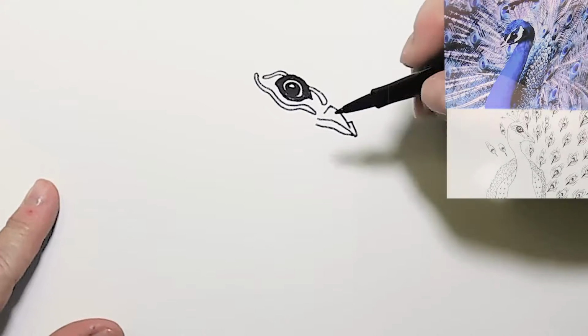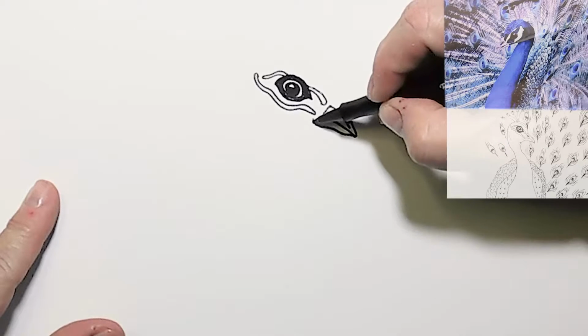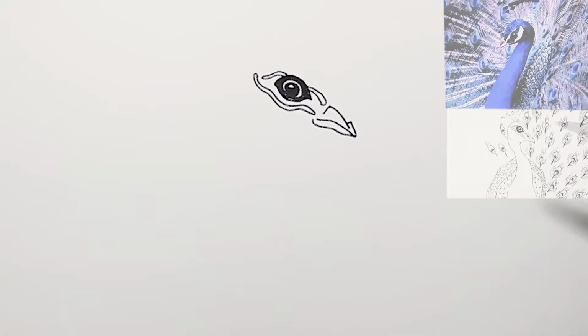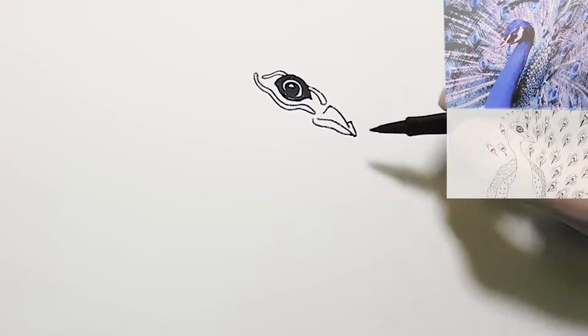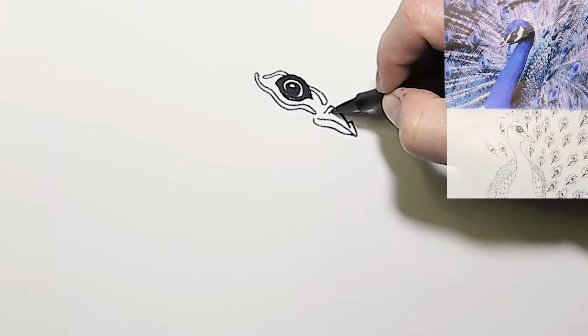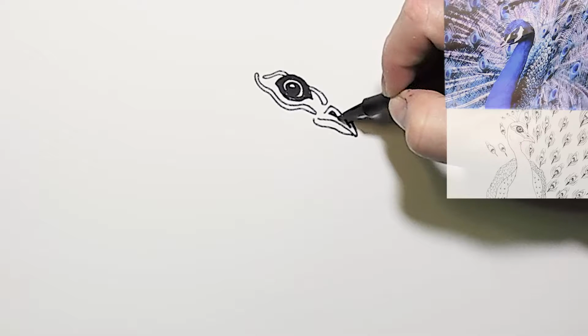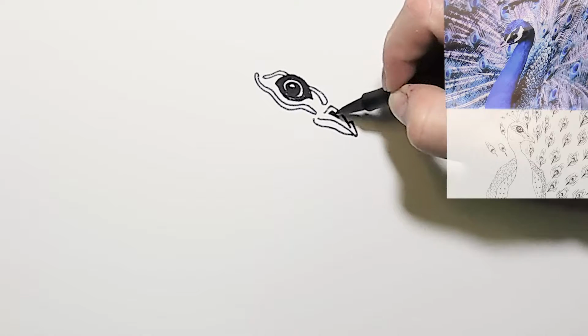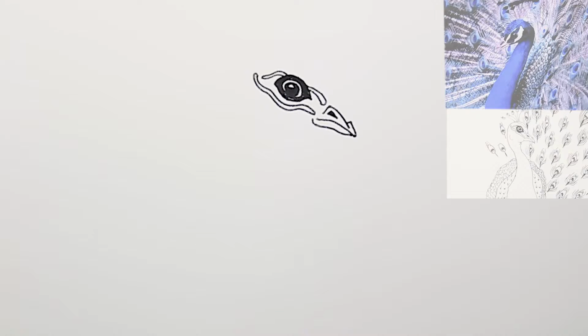So it's just a little bit of a curve line, and I'm going to curve it up right at the very end to see how it overlaps just a little bit. And he's got a nostril that's kind of big. It almost looks like a triangle. So I'm going to put kind of an elongated triangle right in there, and I'm going to color it in. This is just a gentle curve line with a more pronounced curve line on top.